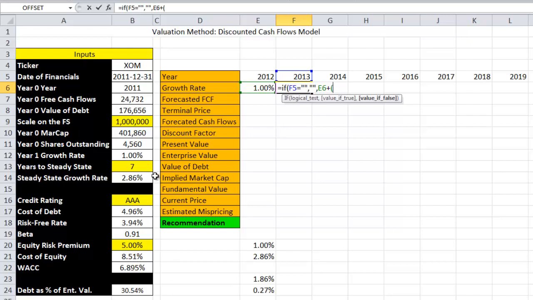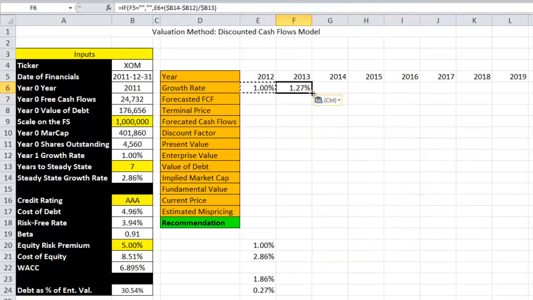This is how we got it. You want to take the steady state growth rate minus the year one growth rate, divided by however many years we have to get there. Now again, we need to lock in any of the B's that we see and make sure that it's formatted correctly.